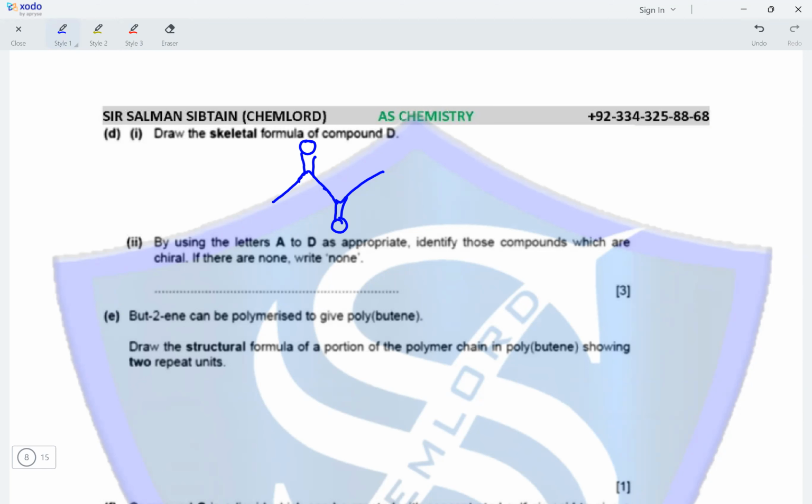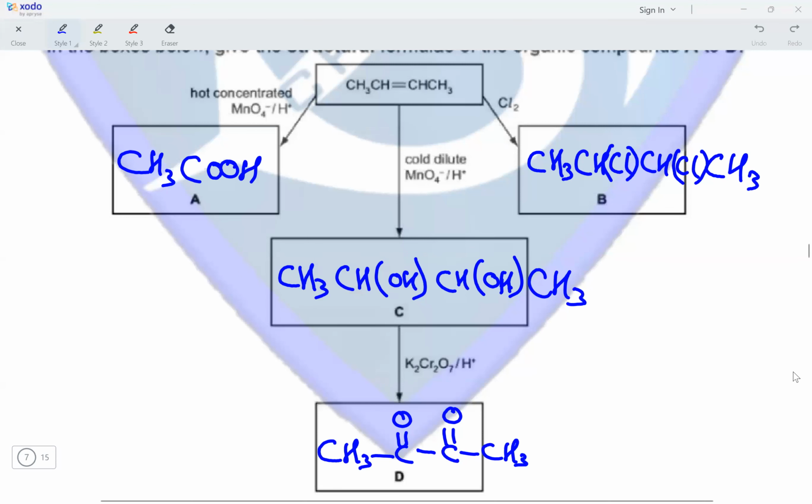By using the letters A to D as appropriate, identify those compounds which are chiral. If there are none, write none. So here is a look at the four compounds. Compound A does not have any chiral carbon atoms present. Compound B has one and two chiral carbon atoms present.